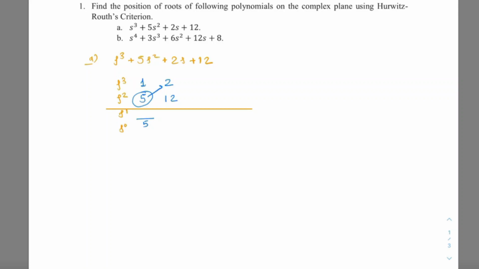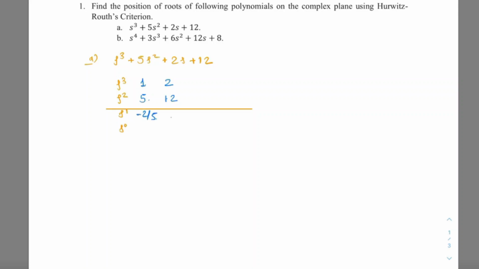So this equals minus 2 over 5. Then we use these four entities. Here there is nothing, so we will take it as 0, and we multiply minus 2 over 5 into 12 divided by minus 2 over 5, that results into 12.